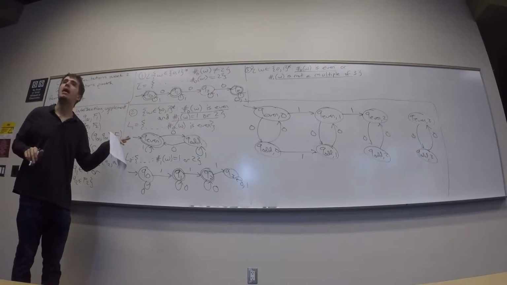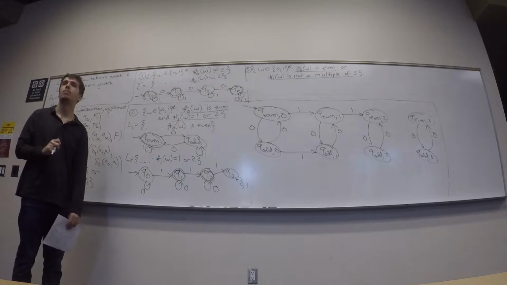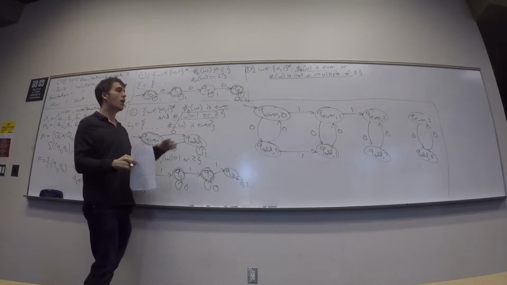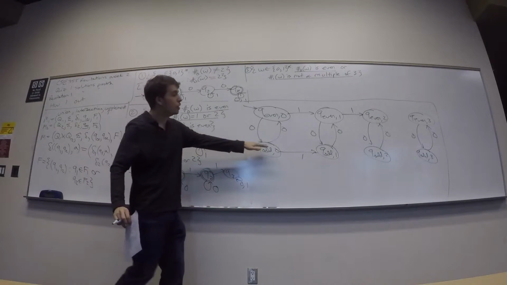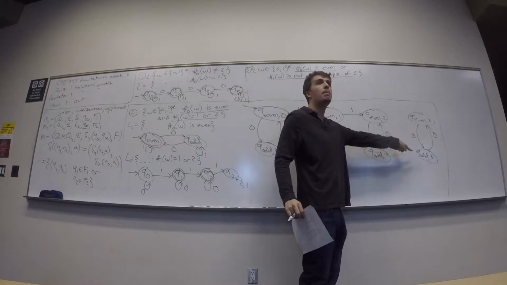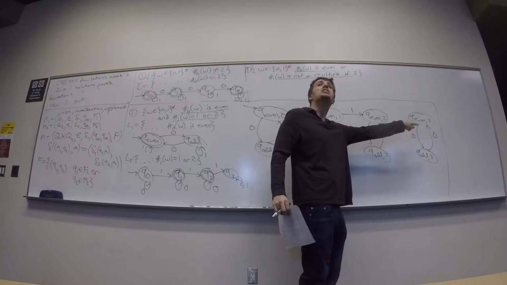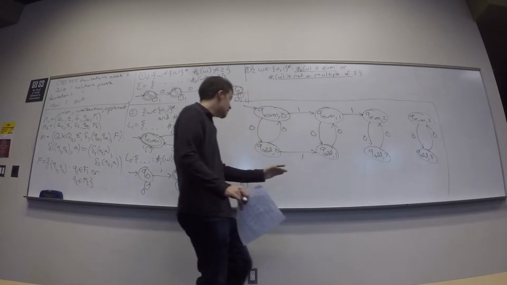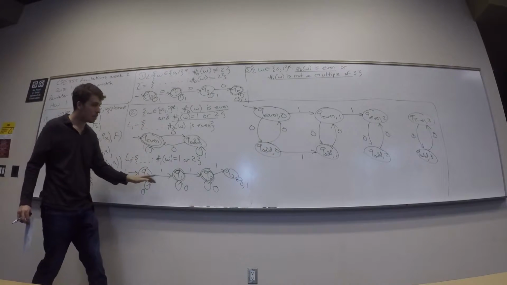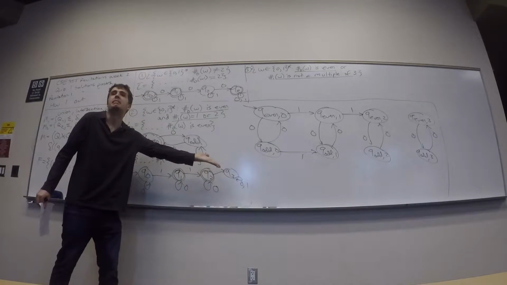Do you see a pattern with the 1s now? It's going to traverse across here, but wait, once it hits 3, I'm out of room. Where am I going to go? It's going to do the self loop, right? Because if I reach 3, I stay in the same state.